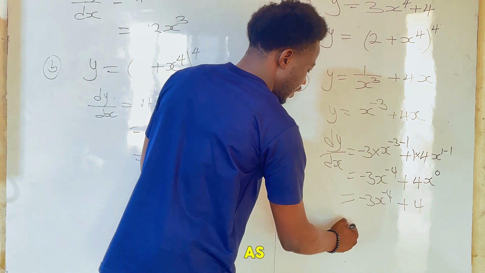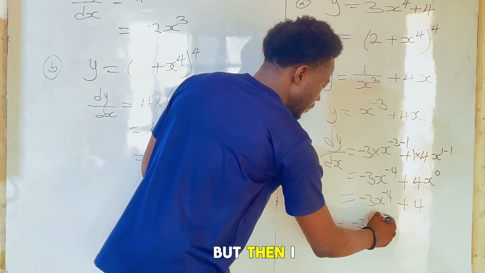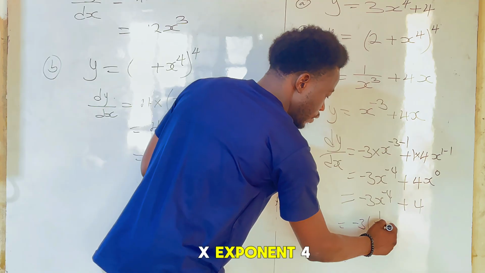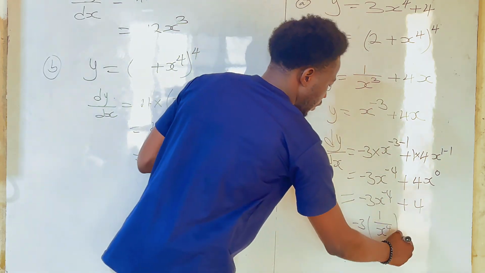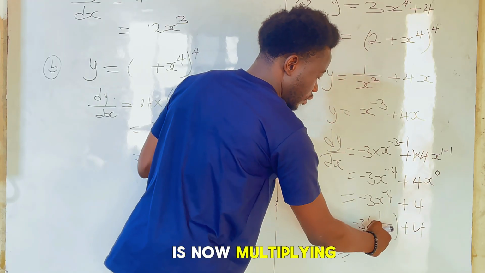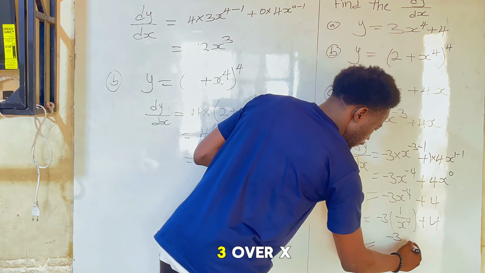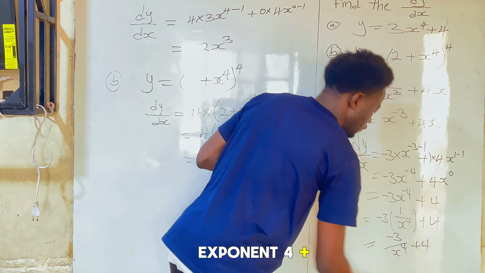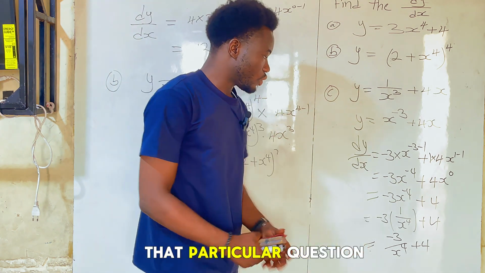So I can rewrite it as the 3 is still there, but then I have 1 over x exponent 4. We have changed the negative into the fraction plus 4 there. So this 3 is now multiplying the whole thing. Remember, it's multiplying, so it goes up. So negative 3 over x exponent 4 plus 4. And this is the end of that particular question.